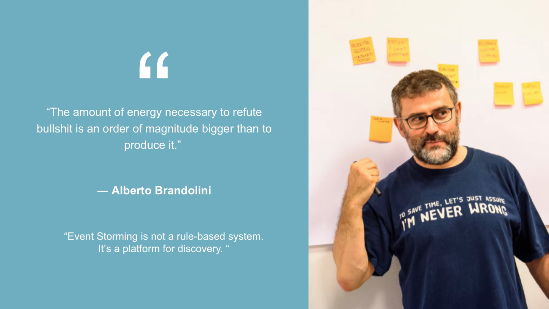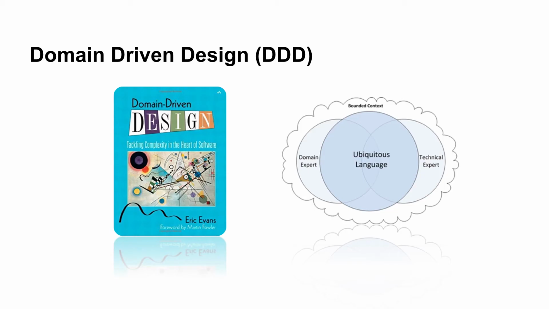So before we dig down even more into the use cases of event storming and how you're going to do it, I just want to give you a bit more context on what it's coming from and where you can go with it. If you're not familiar with domain-driven design, it's a concept, or it was actually a book written by Eric Evans in 2003.